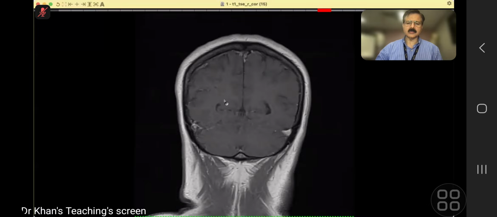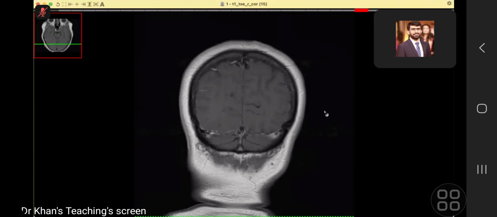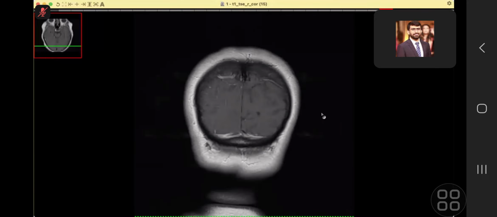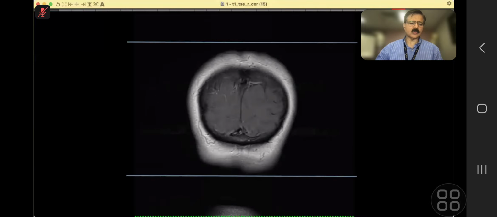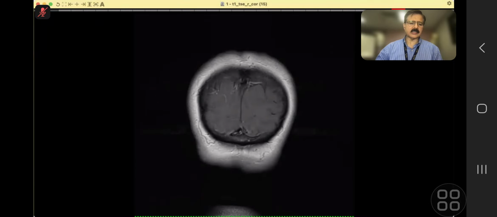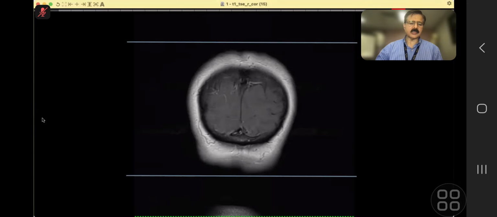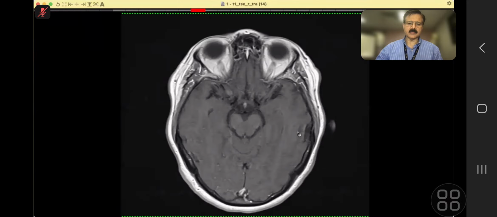So there are a bit of artifacts there. So let's go to an axial slice, which is this one.